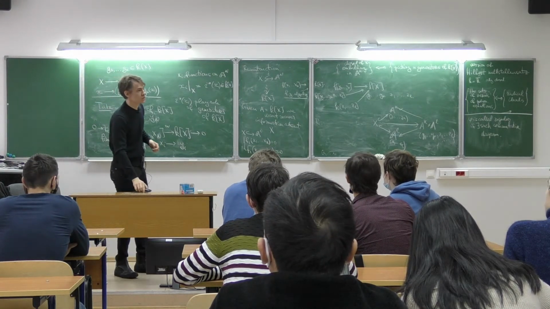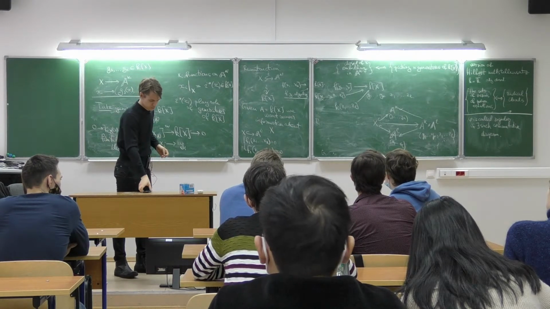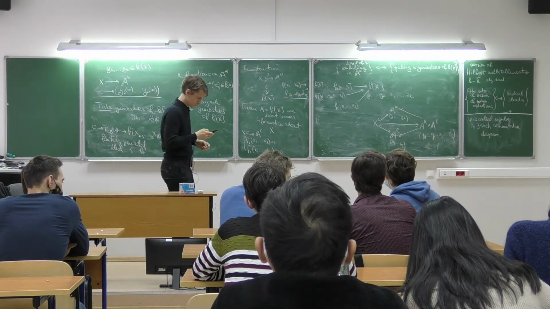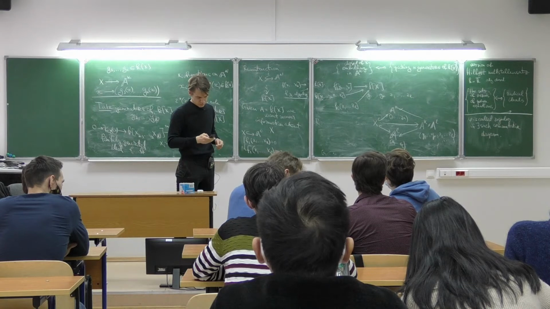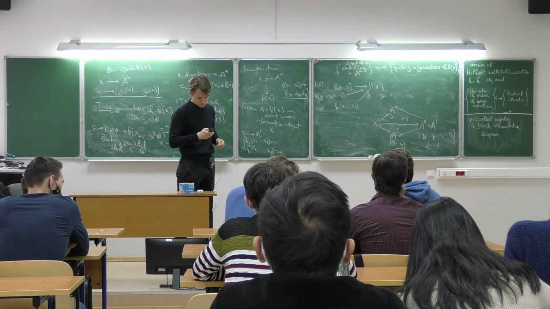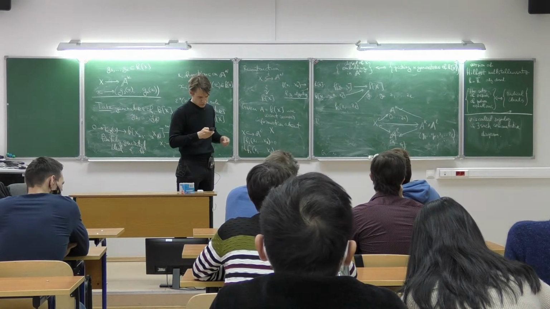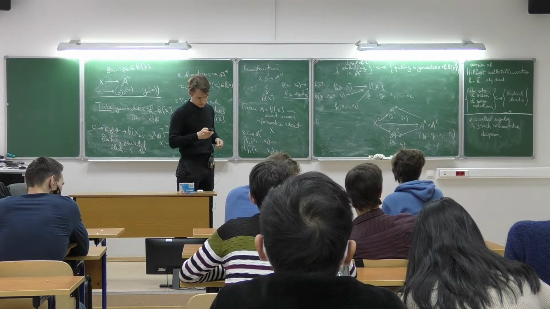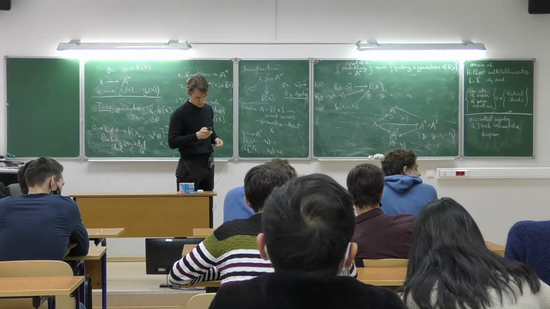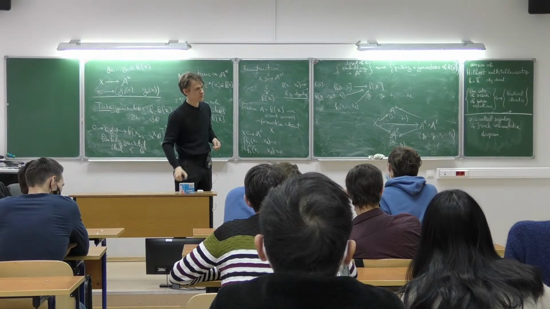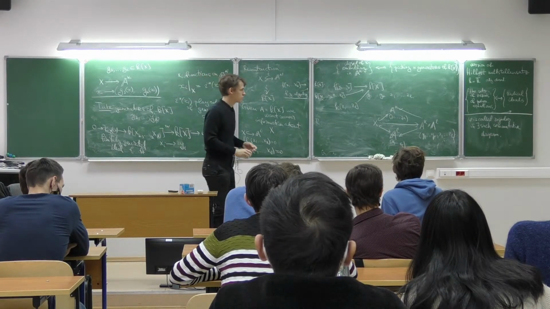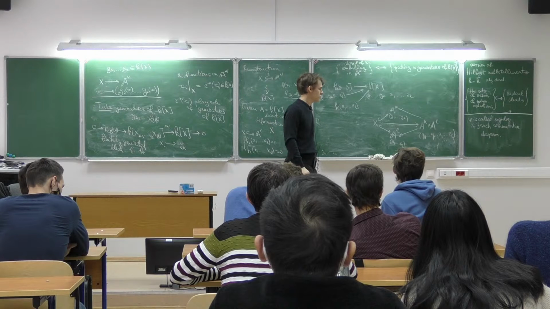So the idea is, if you have some embedded variety in A^n, you can take the functions xi and obtain your embedding back. It's kind of tautological.